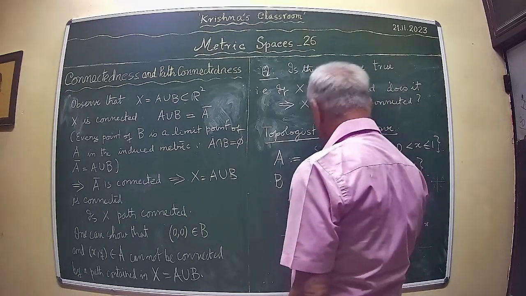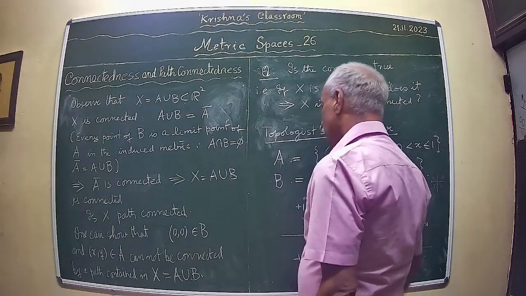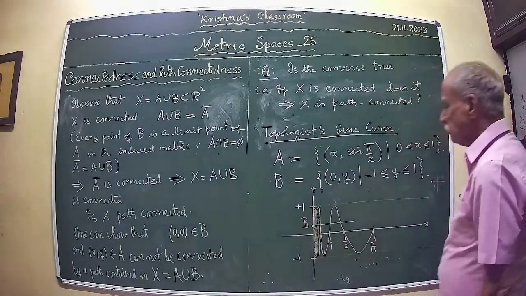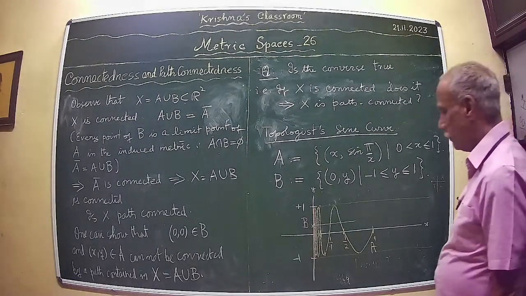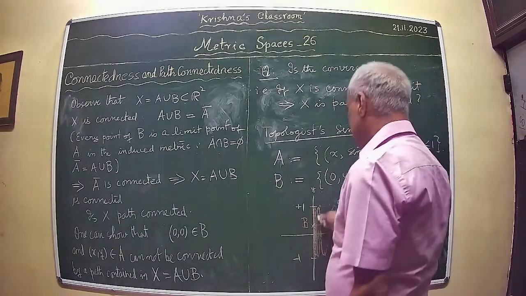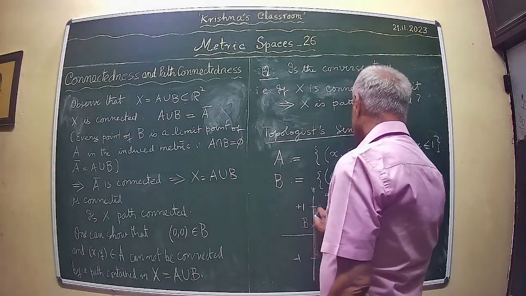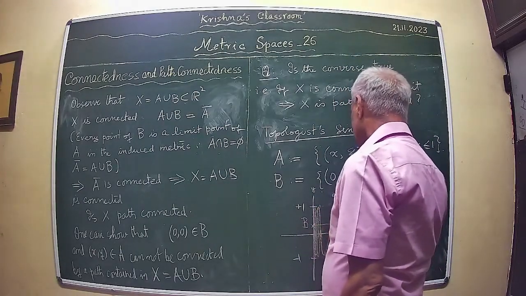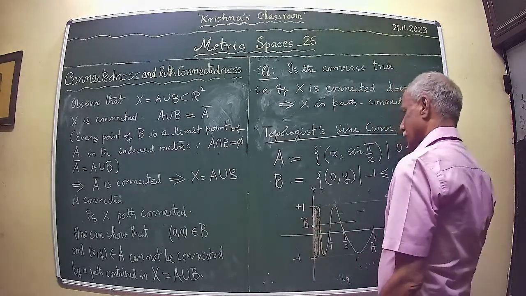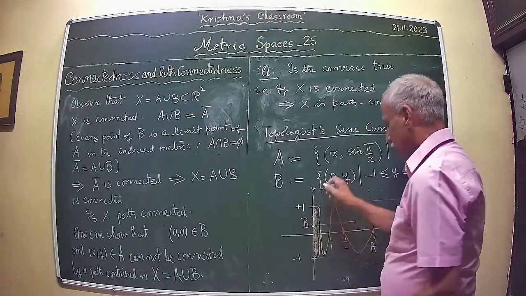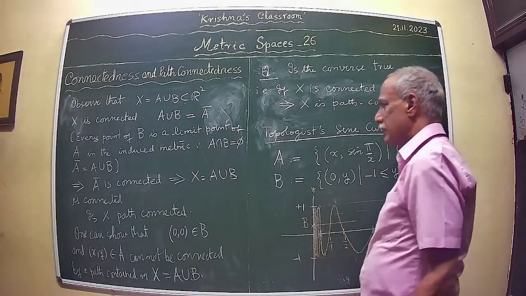That's why I said A closure is essentially equal to A union B. Any point you take, you can construct a sequence of points lying on this sine curve which converges to that. So it's a closure, and this path is a continuous path.